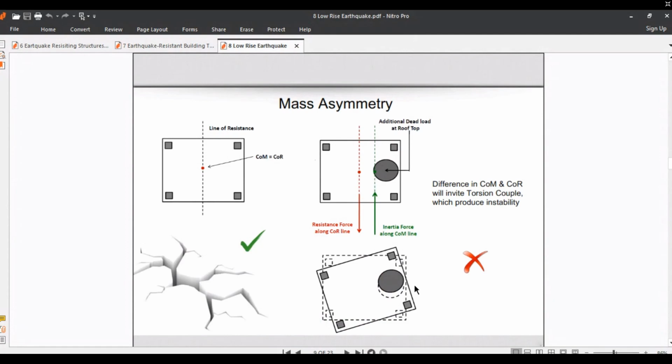On the left side, you can see differences between COM, center of mass, and center of resistance, which produce a torsional couple, causing instability in the plan. These are big problems for the building under earthquake force.